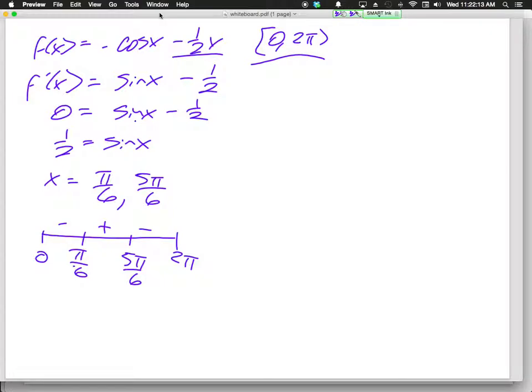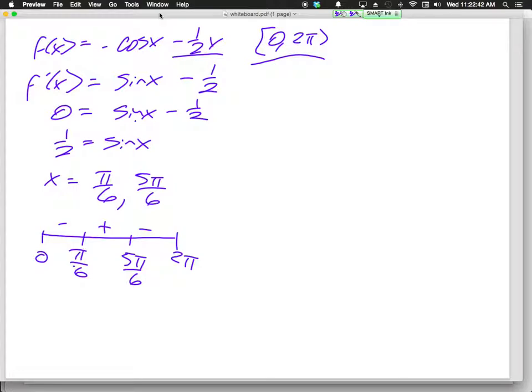What do I have at 5 pi over 6? A relative maximum, because f prime of x changes from positive to negative. Why is this one not increasing to decreasing like the one yesterday? Yesterday we were dealing with points of inflection and concavity. We're doing relative extrema. So there are the relative extrema.